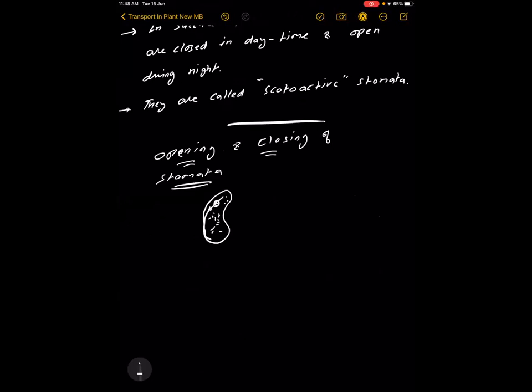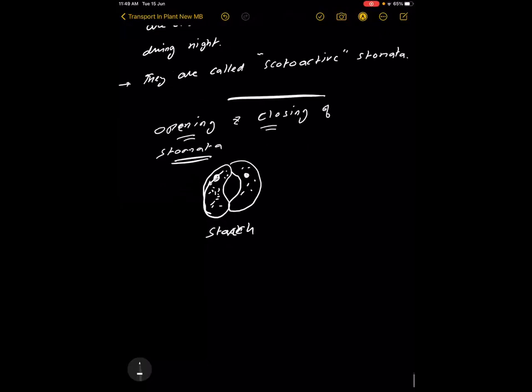The sugar stored as starch in the guard cell, in presence of light, is converted into an organic acid, malic acid.